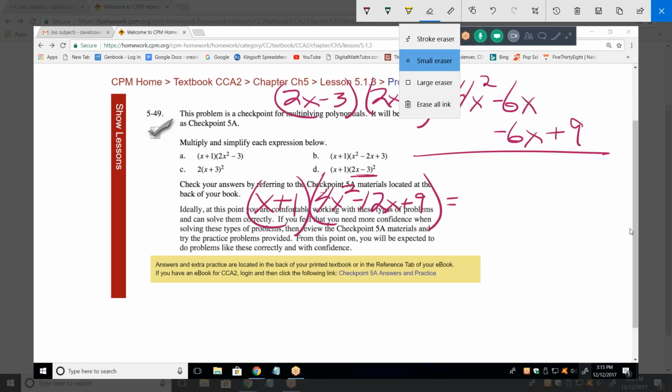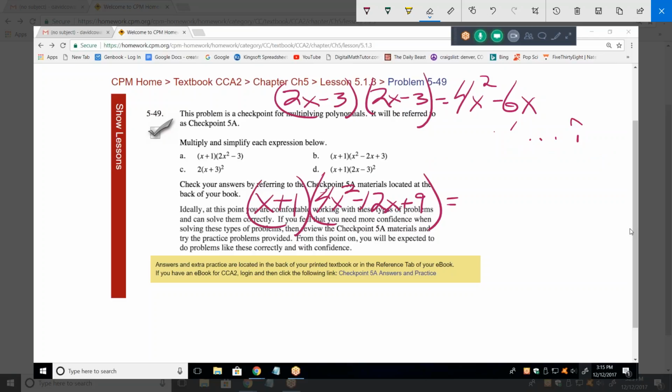And this is where FOIL doesn't really help, but FOIL is the same as every term by every term. So that's all you have to do. Just make sure you start from the left, multiply x by every term, go back, multiply 1 by every term.